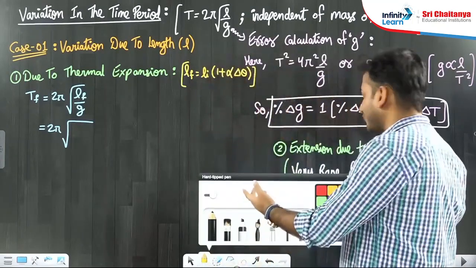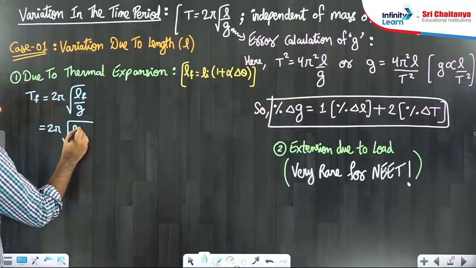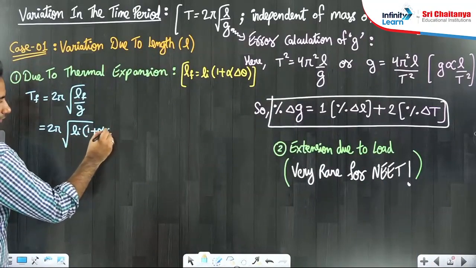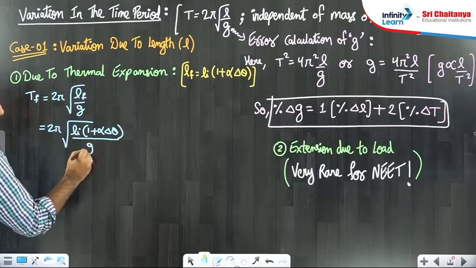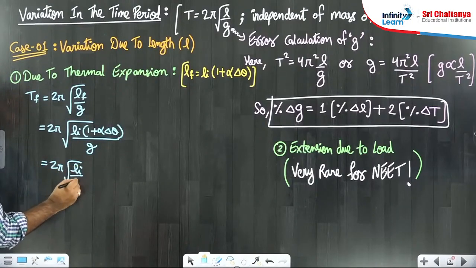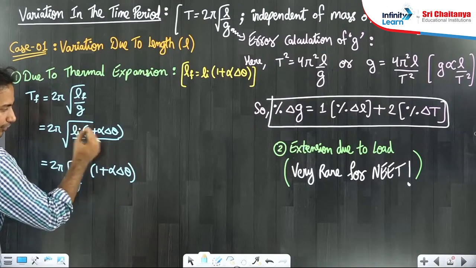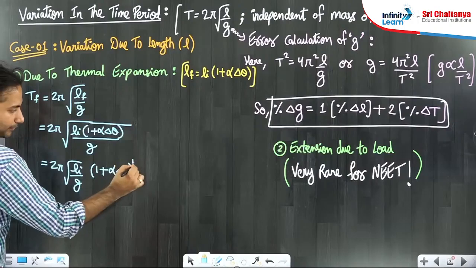That's the basic formula of thermal expansion I'm going to use here. So I can write it as 2 pi under root of L initial (1 plus alpha delta theta) by G. So here it is 2 pi under root Li by G, and (1 plus alpha delta theta) taken separately. Root means its power is half.